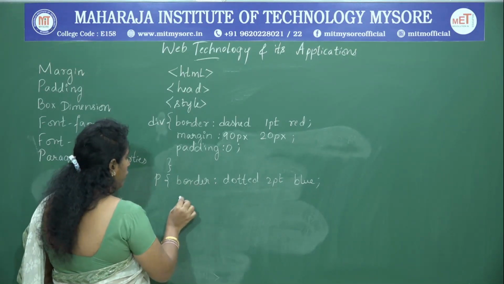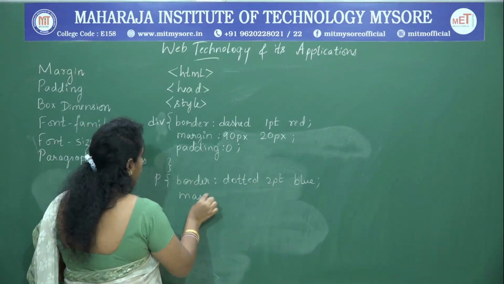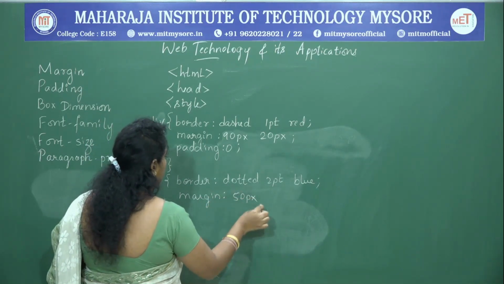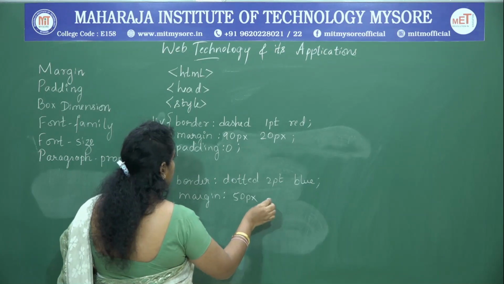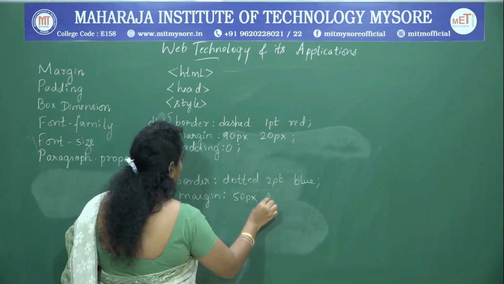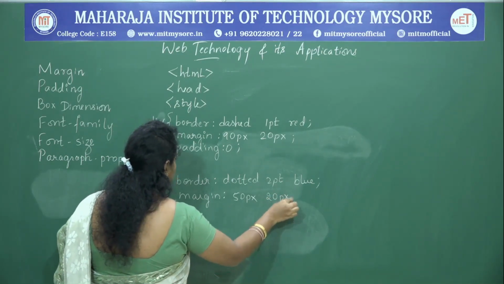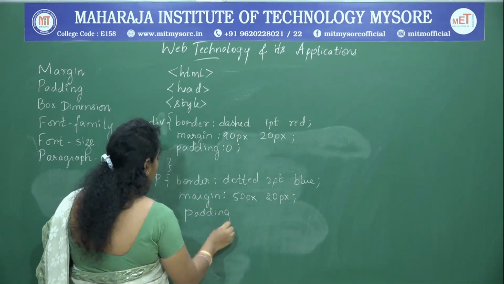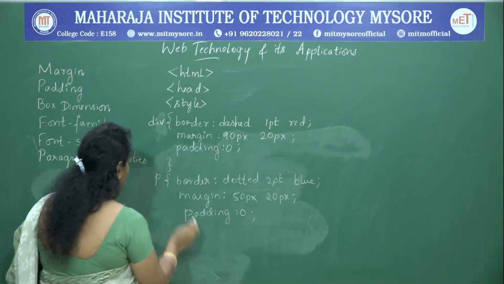For p, margin I will give 50 pixel, and this is 20 pixel. Finally padding I will give 0.